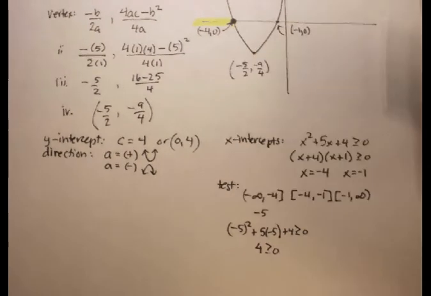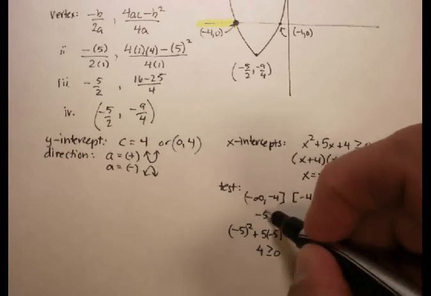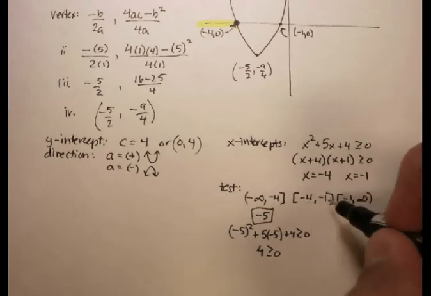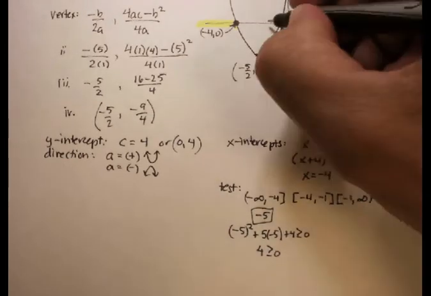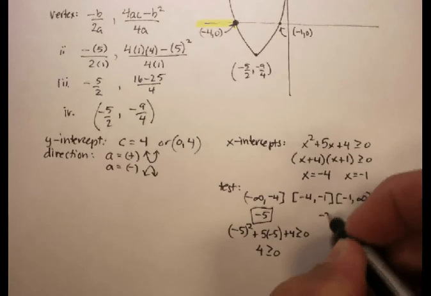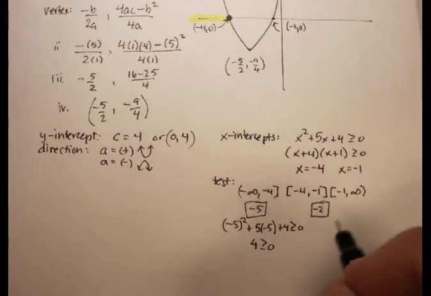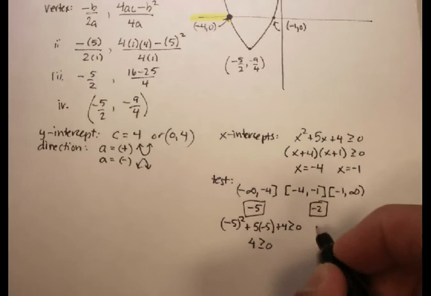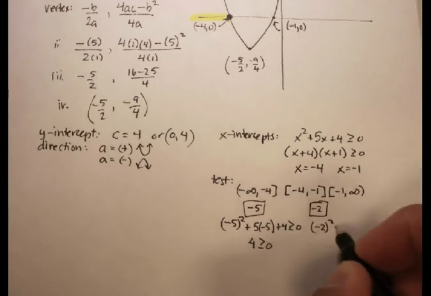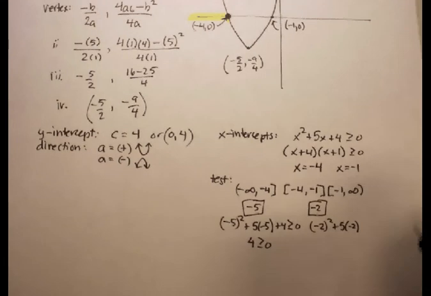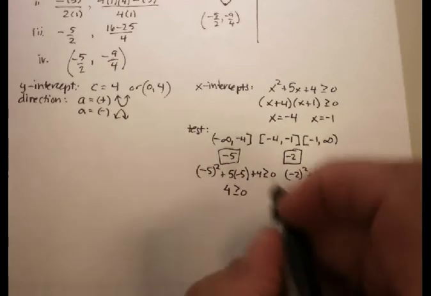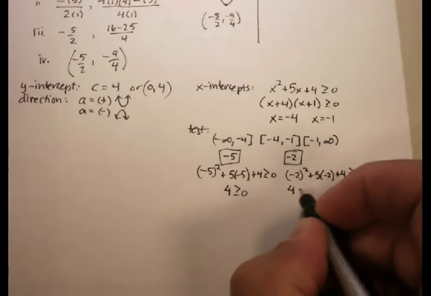Now, when I test a point from the next region, which is between negative 4 and negative 1, let's just try something like negative 2. I'm probably not going to get this to work, but let's just see. So I'm going to put in negative 2 squared plus 5 times negative 2, plus 4, and I'm going to hope that that's greater than or equal to 0. Let's see if it is.